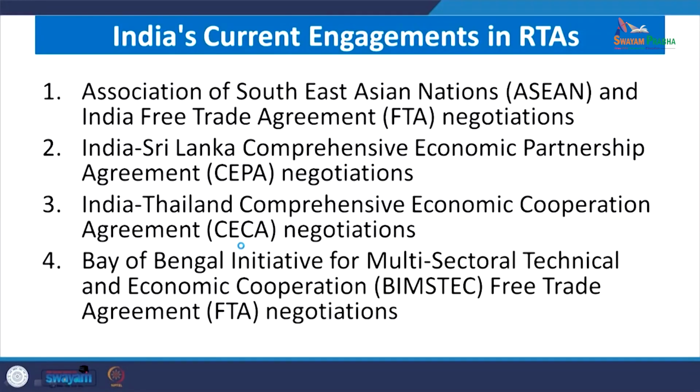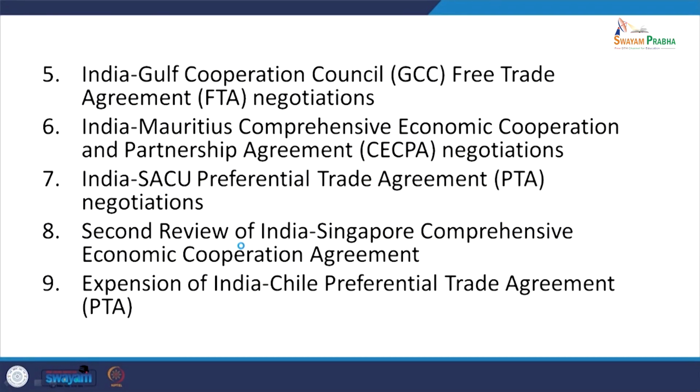A famous one is ASEAN, where India is part of the negotiation to be a member but not yet a full member. There is CEPA, the India Sri Lanka Comprehensive Economic Partnership Agreement, and similarly with Thailand. Other groups we will explore in detail in our WTO lecture, so I need not spend more time on this.